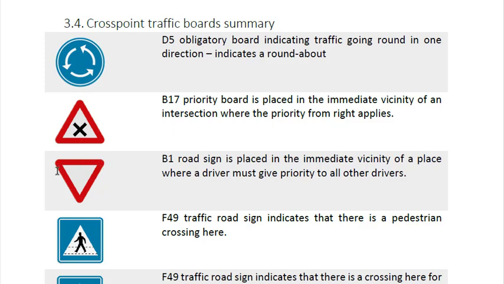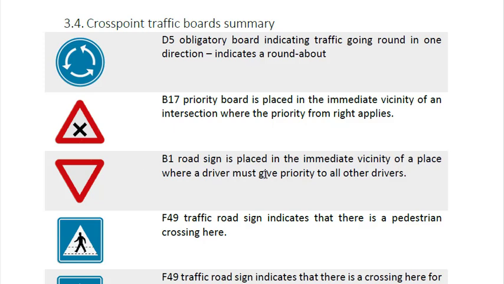Now, the third traffic sign here is the warning sign. Sorry, it's the give priority sign. So it's also called a shark teeth, which means that you must give priority to the traffic on the other road before entering that road.